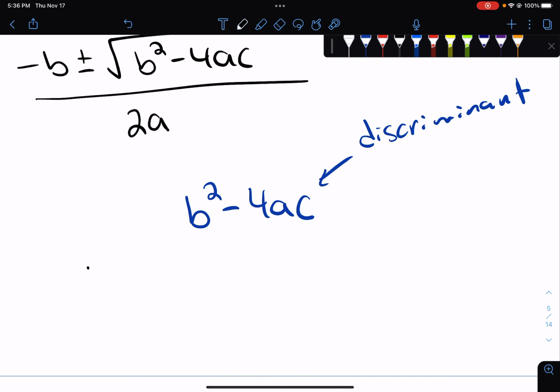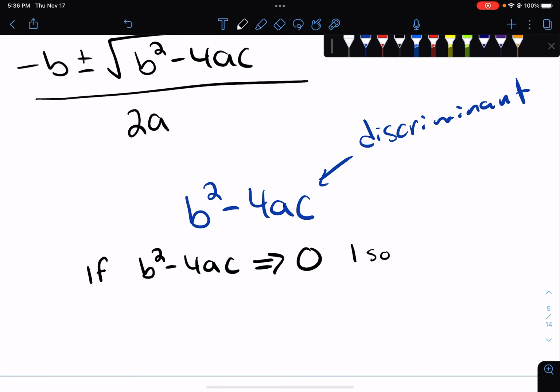So if b squared minus 4ac, whatever that comes out to be, is 0, that means I'm only going to get 1 solution. Okay, if b squared minus 4ac is 0, I'm only going to get 1 answer. If b squared minus 4ac is a positive number, like 18 or 25 or 88, then I'm going to get 2 solutions.